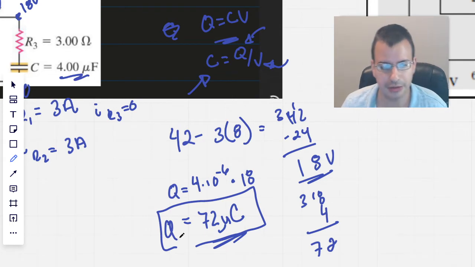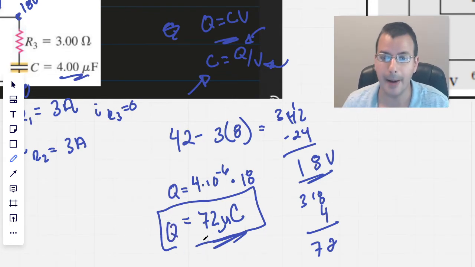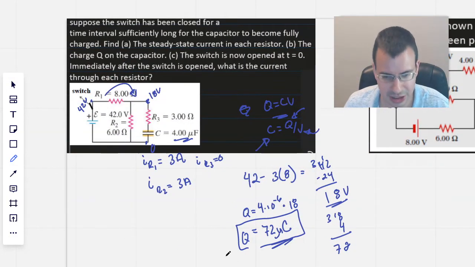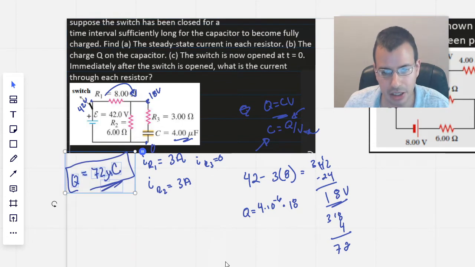So Q equals 72 microcoulombs. That's our answer to part B.